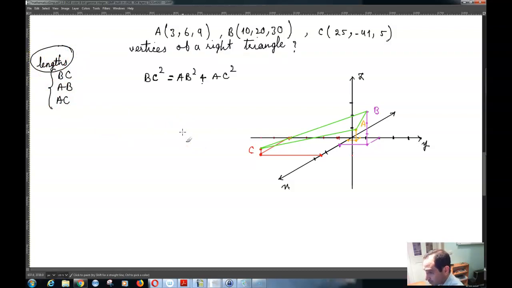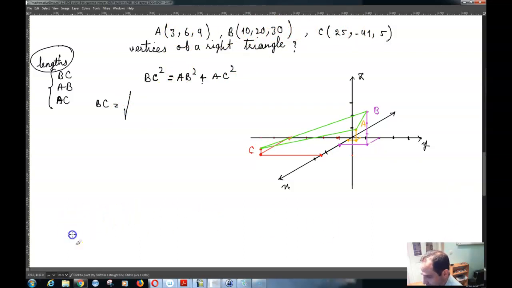So what we need to do is calculate these lengths and see what's going on. For example, BC would be the square root of the formula.